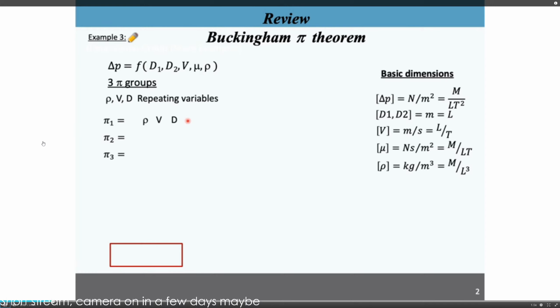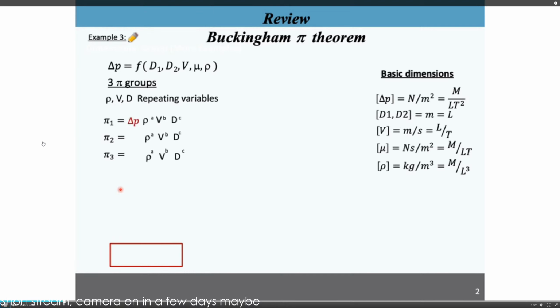One of the reasons is that we feel rho, v, and d are important, and we want these 3 terms to be represented in the first pi group, in the second pi group, and also in the third pi group. So we have rho, v, and d in each group. Each of these repeating variables is raised to a constant a, b, and c.